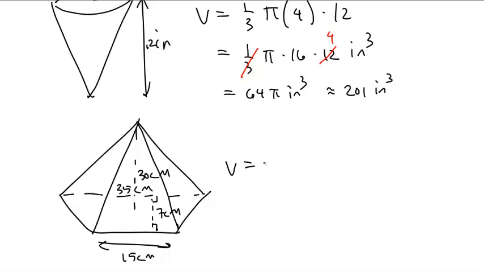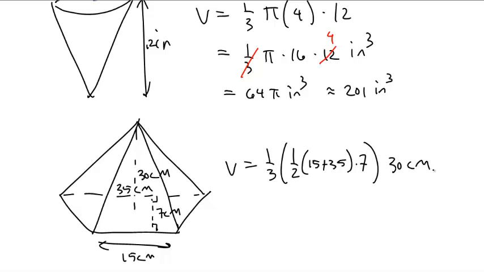Then the volume is going to be 1/3 of the equivalent trapezoidal prism. 1/3 area of base, and the area of base is 1/2 times 15 plus 35 times 7, times the height, the actual height, 30 centimeters.